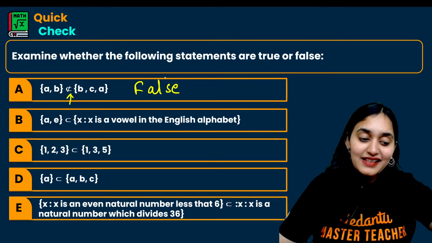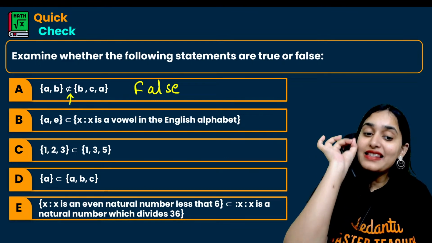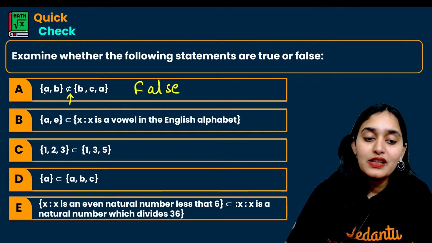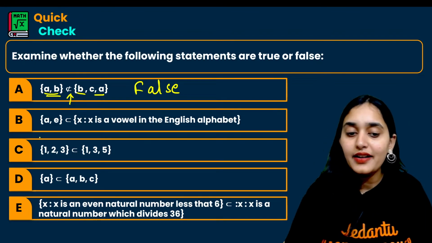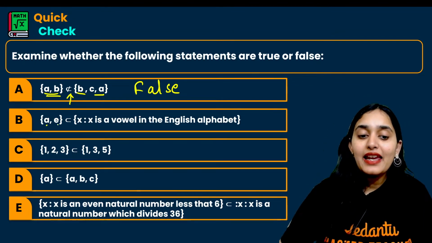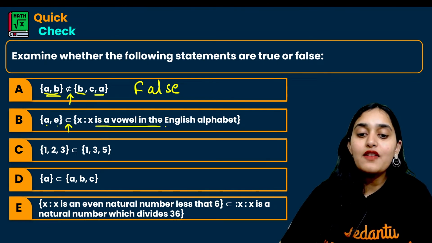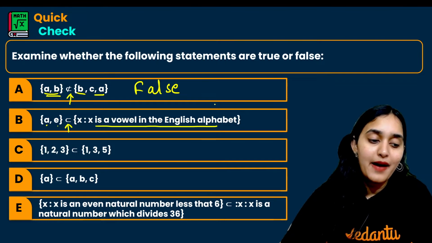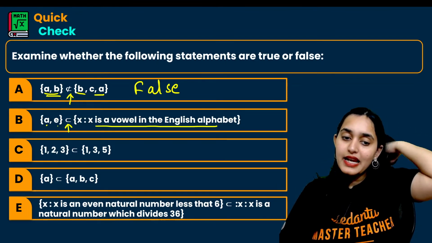Yes, it is a subset. Very good, Malvika and Isha. It is a subset of ABC, because AB is present. So subset only. Next, the set AE is a subset of X, where X is a vowel in the English alphabet.